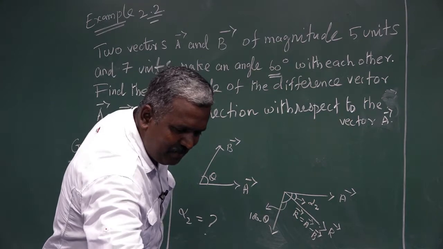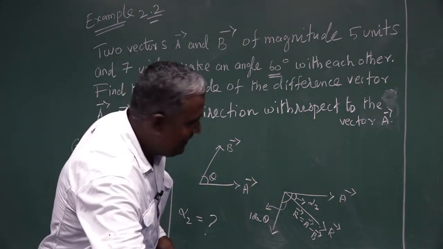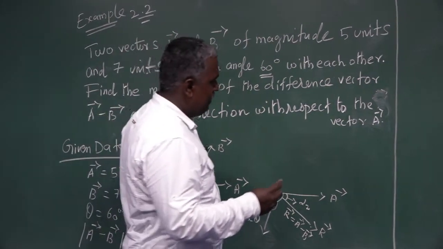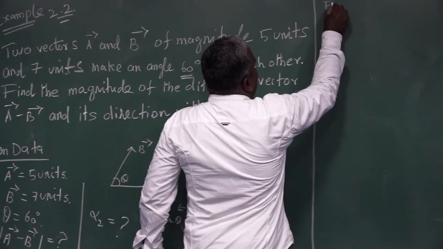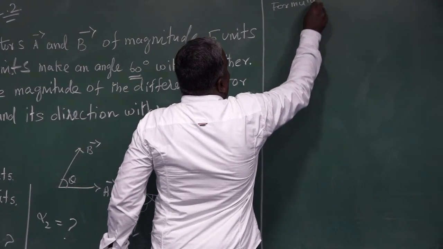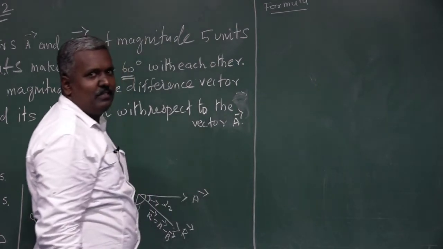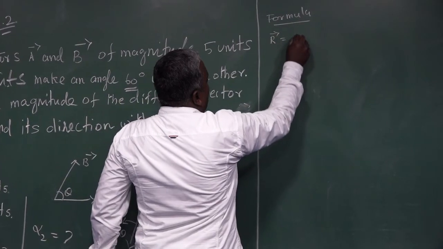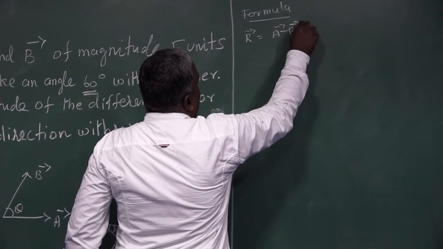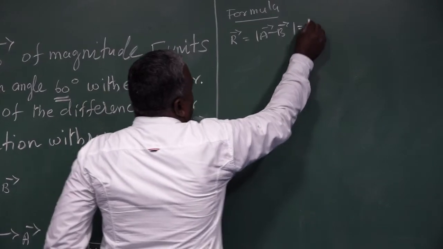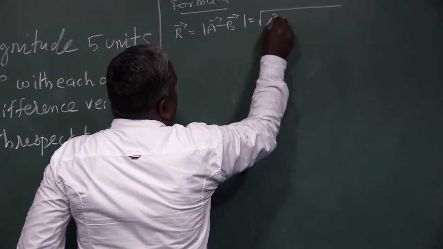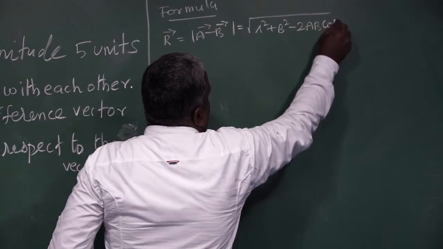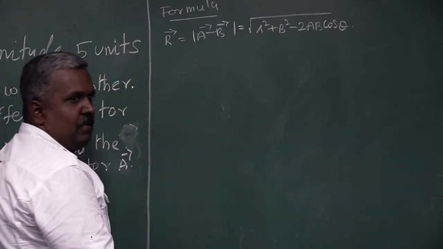Listen. This is the given data. Second step, you must write the correct formula. R vector is equal to modulus of A vector minus B vector, is equal to root of A square plus B square minus 2AB cos theta.